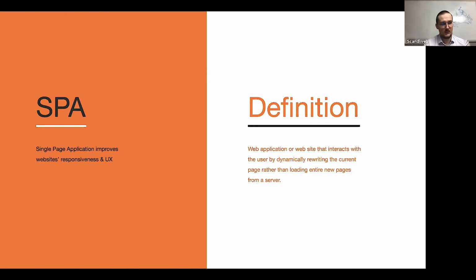It's dynamically updated. So for example, if you go from the home page to the category page, instead of loading the whole page, for example, menu items, etc., we do not need to download those again from the server. We keep the existing menu and just update the body part of the page with the products.